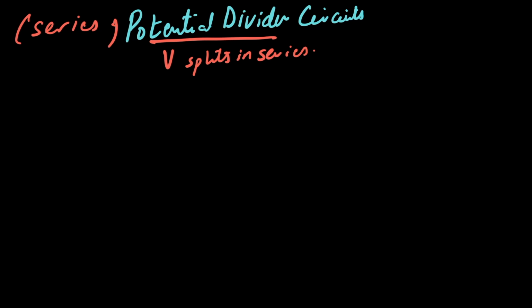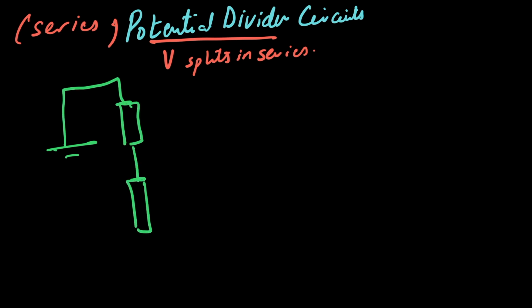To give you an example, let's make a simple series circuit with a cell and two resistors connected like this. Let's call this R1, this R2, and this voltage V input. Call it V input, EMF, anything you want, just know that this is the input.